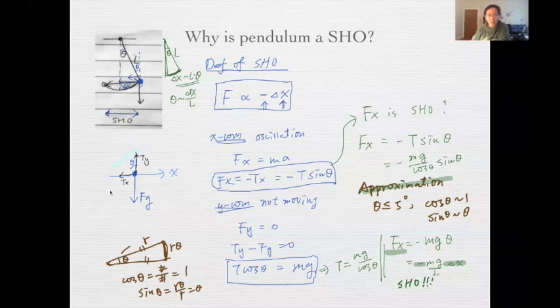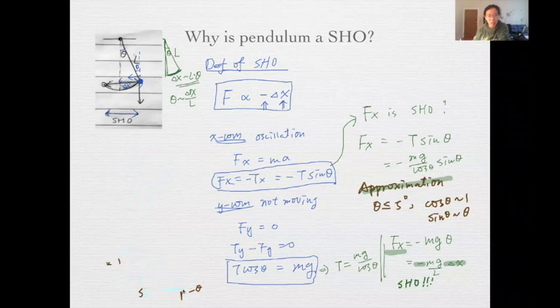Okay, I'm gonna erase this part. Remember that in the spring, if F equals negative Kx, then the frequency of the system, how do I put this?